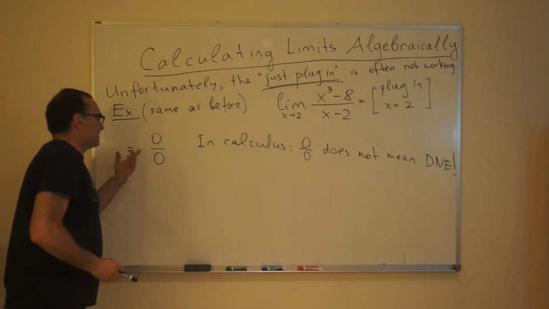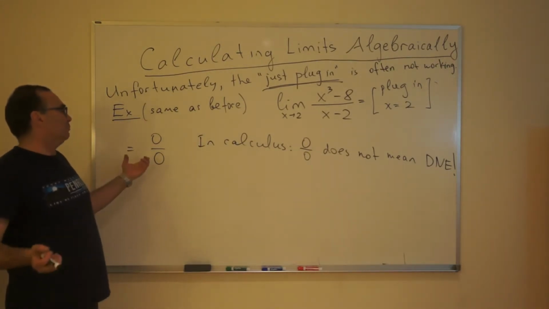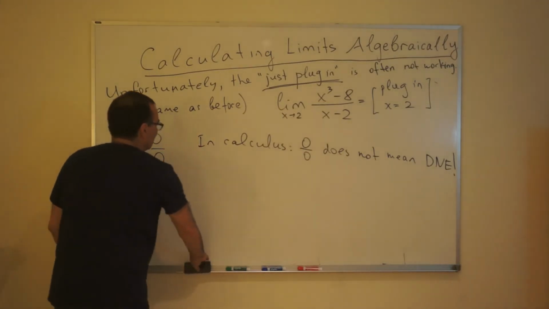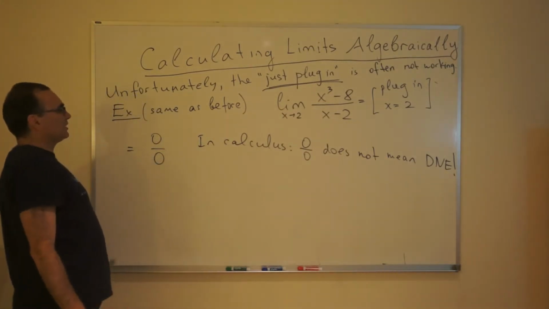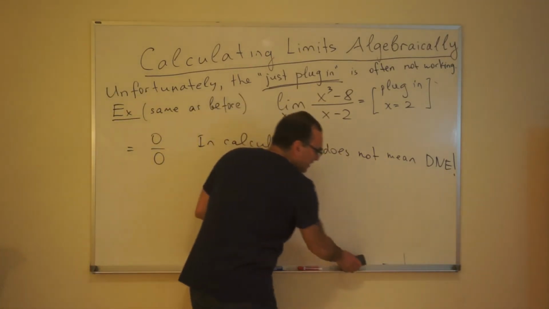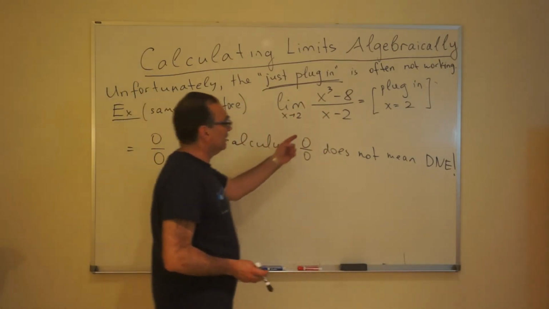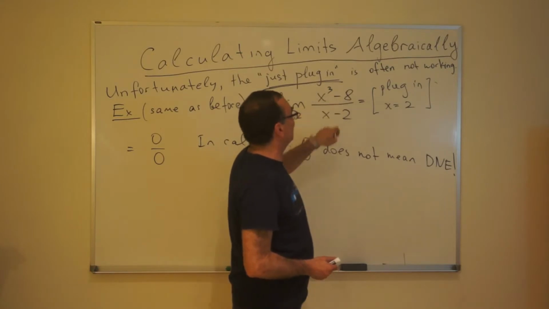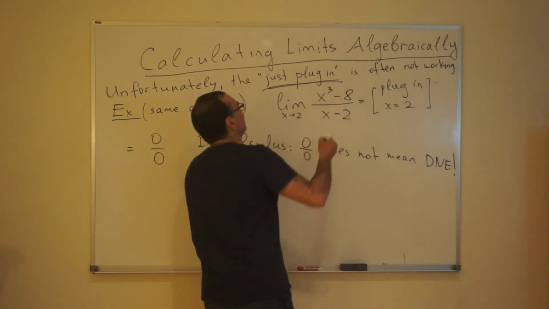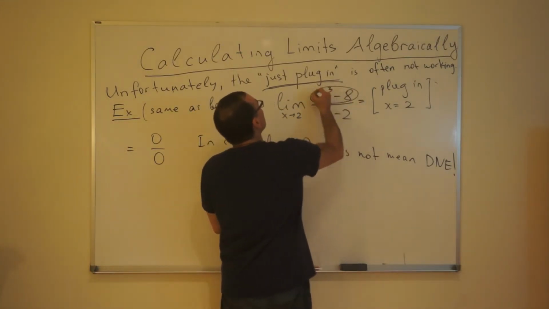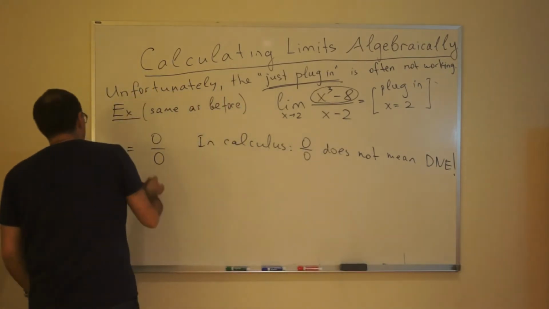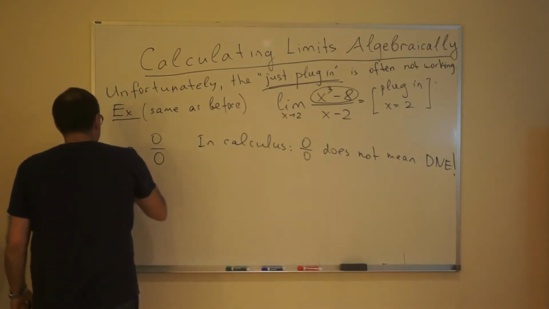Well, it actually means nothing. It just means that we need to do some kind of manipulations in order to be able to solve this. So what exactly manipulations do we want? Any algebraic manipulations, any algebraic factoring, anything. Like in this case I mentioned factoring. Yes, factoring actually works. If you look at the numerator here, x cubed minus 8, it can be factored. So use factoring.